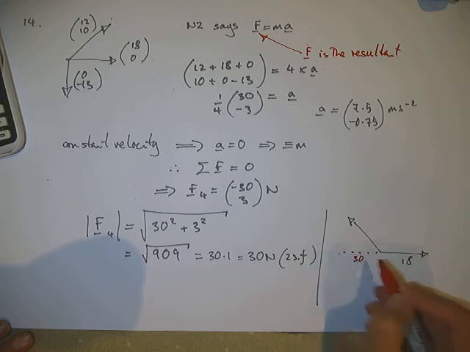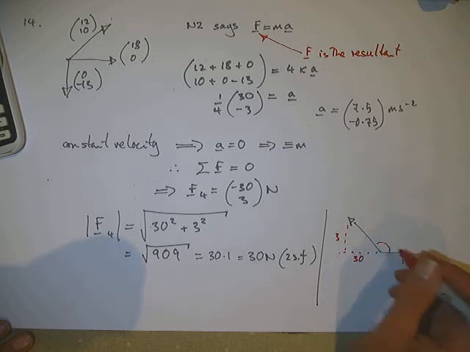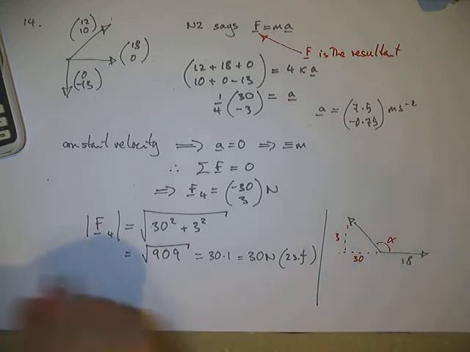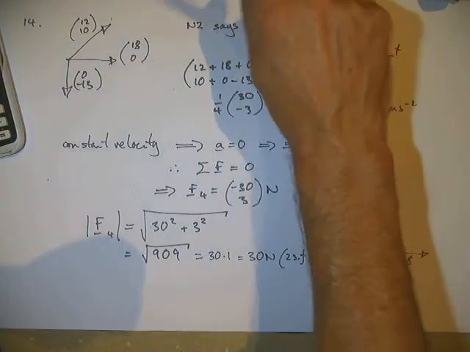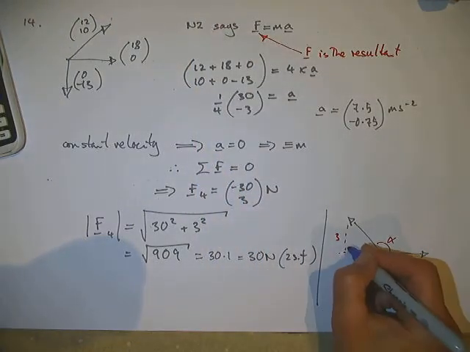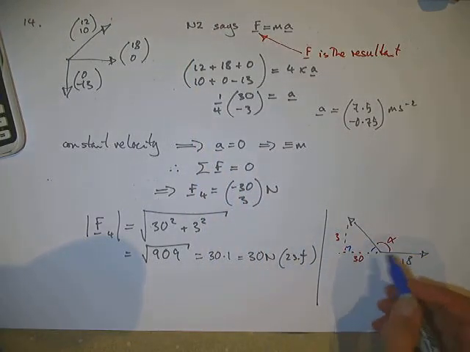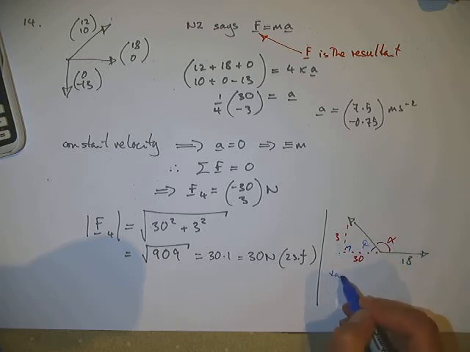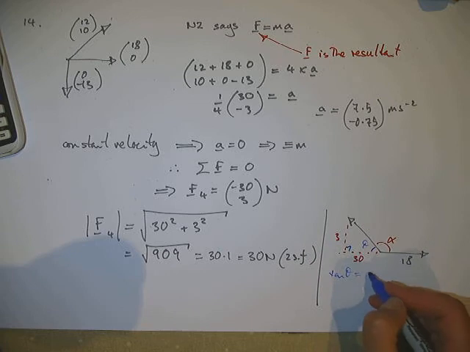It's 30 that way and 3 that way. So the angle with the 18 Newton force is this one. But I'm going to work out this angle in the right angle triangle. So tan theta is 3 over 30, opposite over adjacent, which is a tenth.